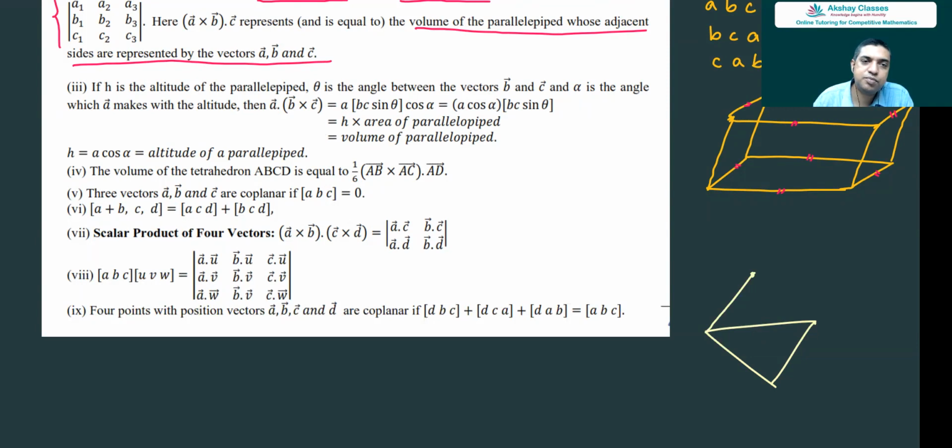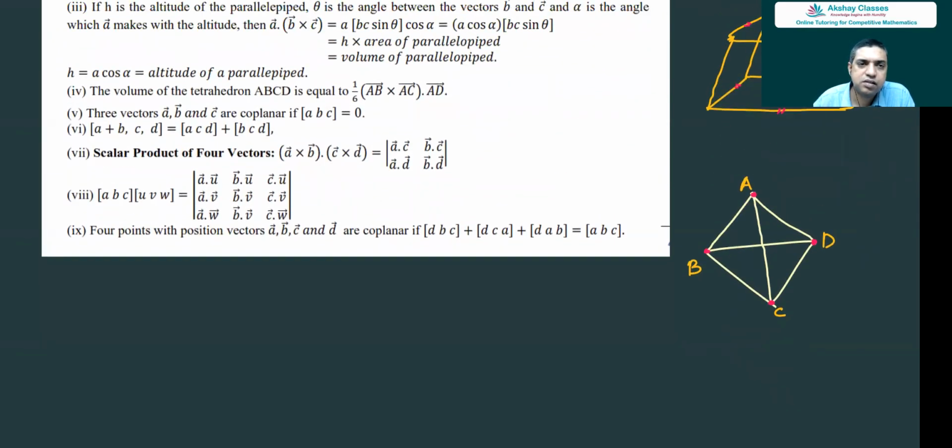A tetrahedron is an object whose faces are all triangles, and if A, B, C, D are its vertices, then you take the vectors AB bar, AC bar, AD bar, take their box product or scalar triple product, and 1/6 of this gives the volume of the tetrahedron.